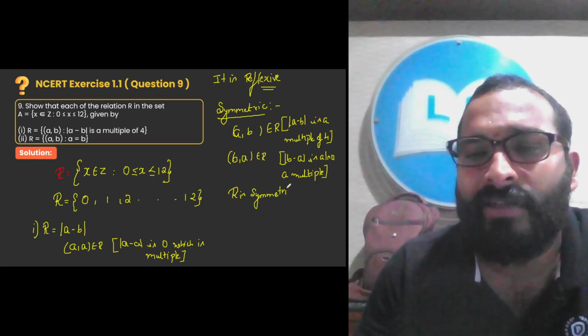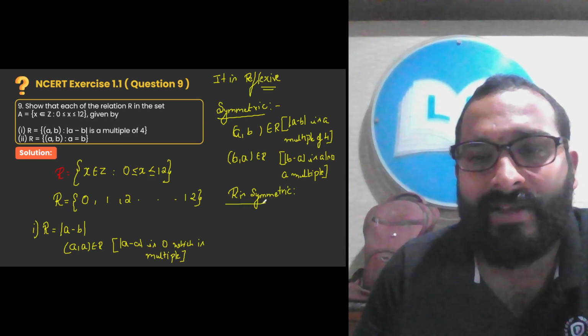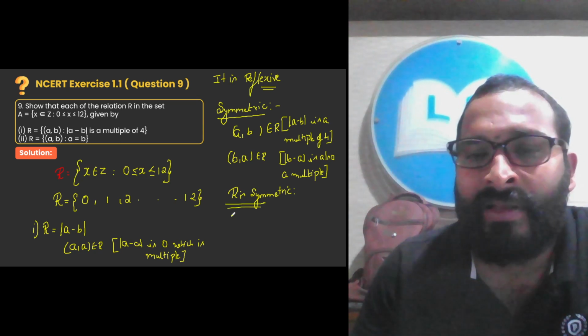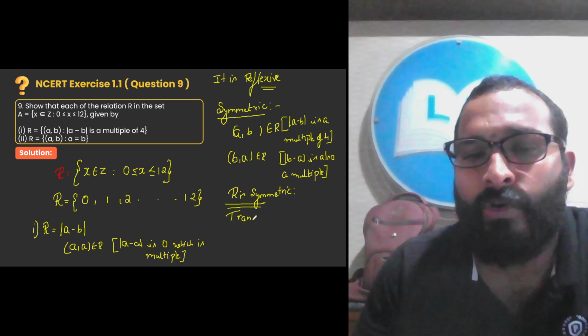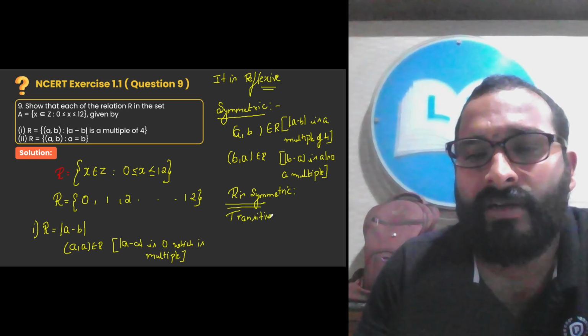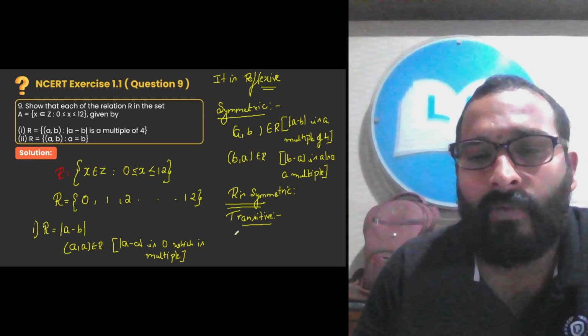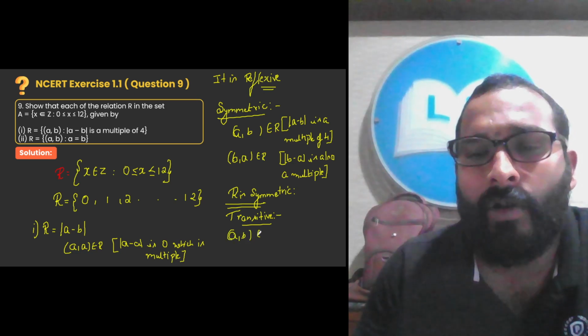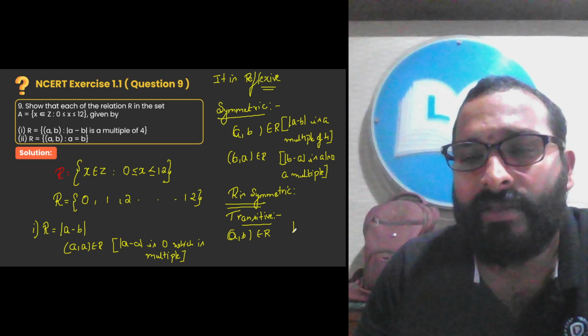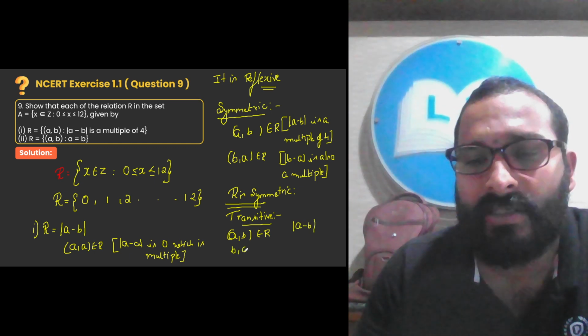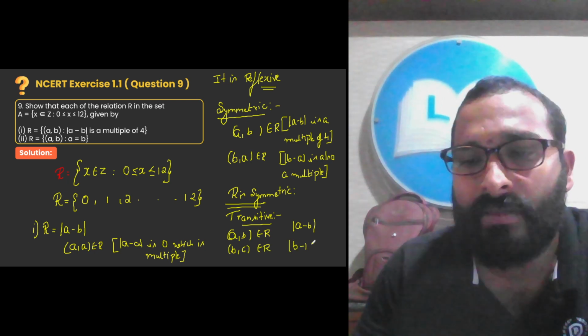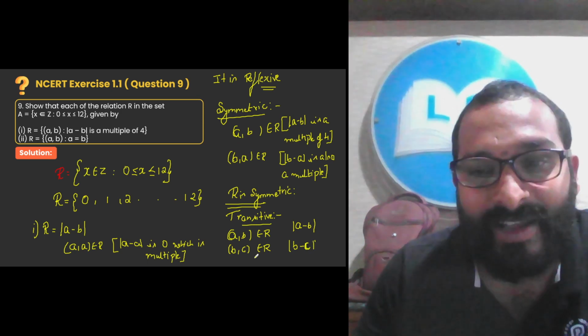Now consider the condition transitive. For transitive relation, you need to compare with A, B and C, right, children? Now if (A, B) belongs to R, that means modulus of A minus B is a multiple of 4. (B, C) belongs to R, in that case I can write B minus C is a multiple of 4.